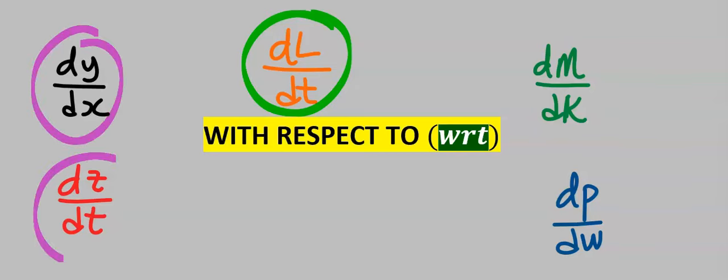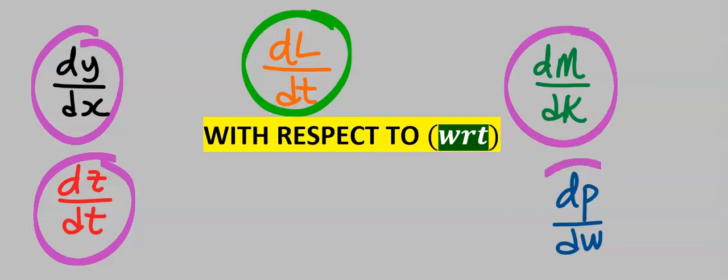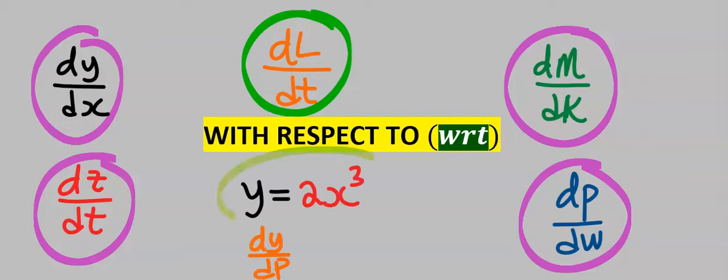However, it can be dz dt, it can be dm dk, it can be dp dw. That is, if I'm given y is equal to 2x cubed, to find dy dp, my answer is 0 because there is no p here for me to differentiate with respect to. And this will be explained in detail in subsequent videos.